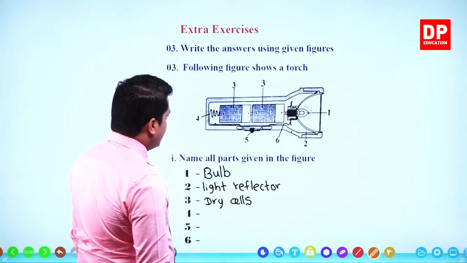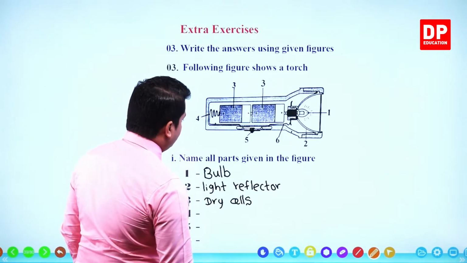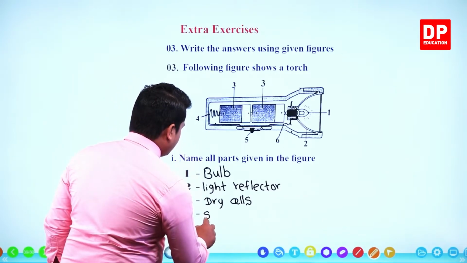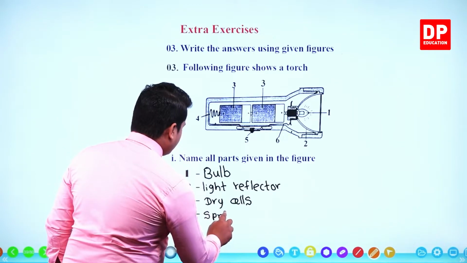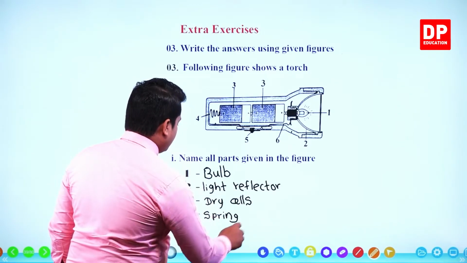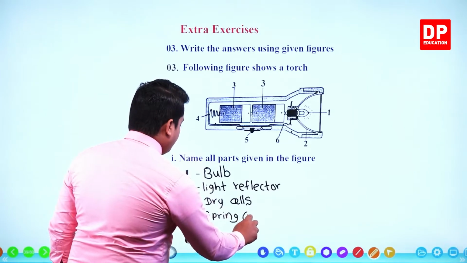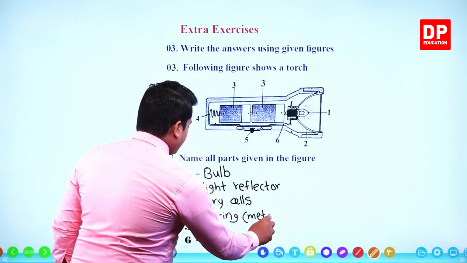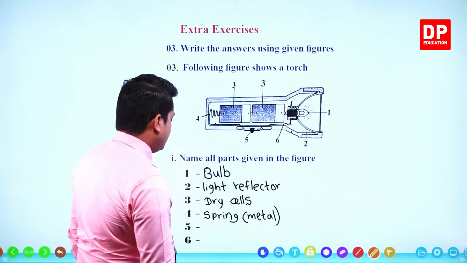Number 3, third one is really obvious, dry cells. Number 4, you can observe the spring. It's made up with a metal, so it should be a metal spring.